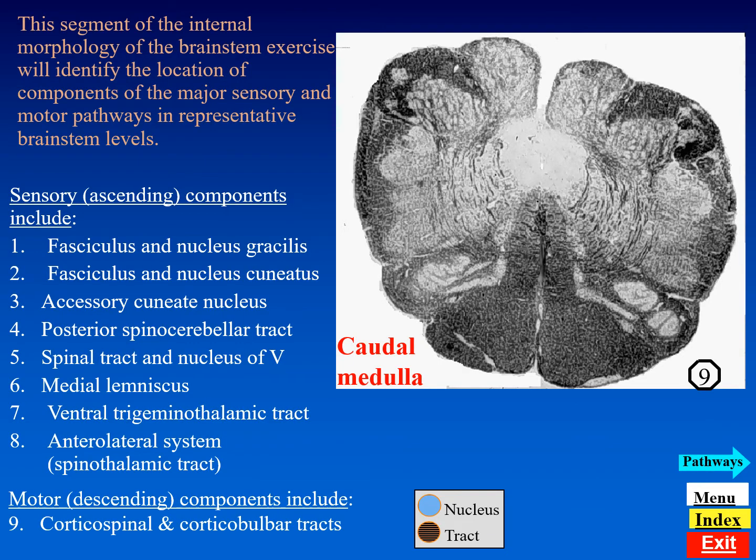The next 4 sections will be looking at an overview of some components of the major sensory and motor pathways that will be dealt with in other slideshows.